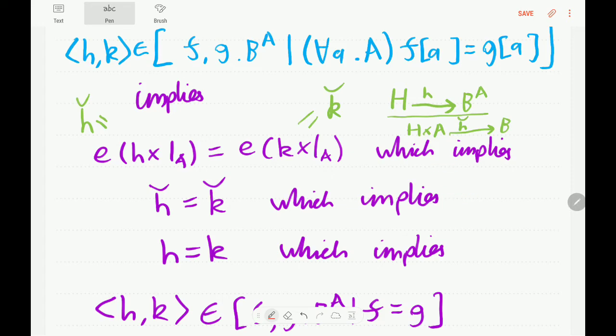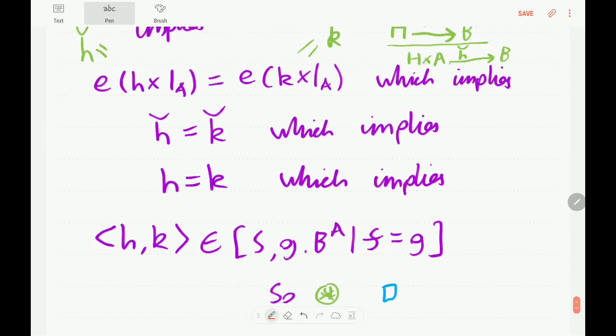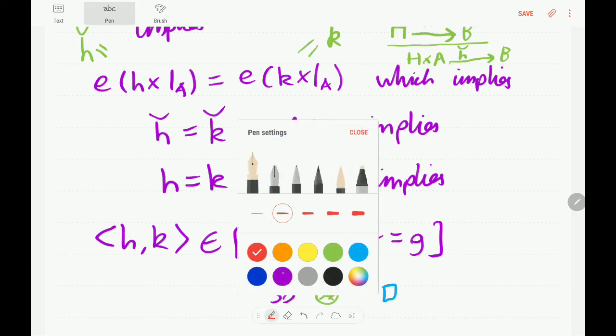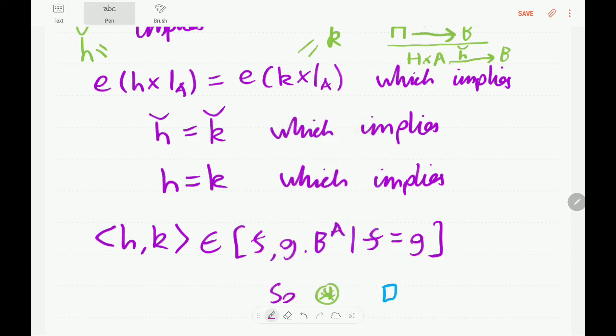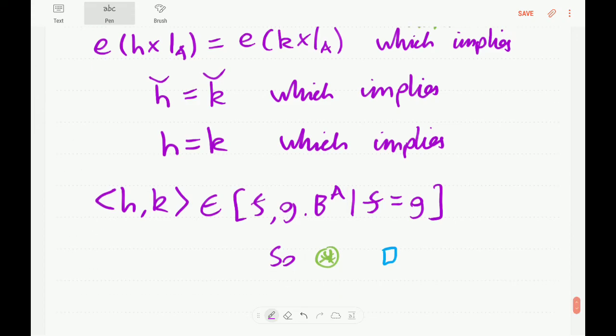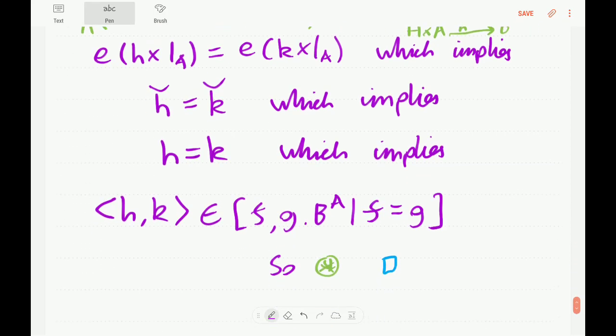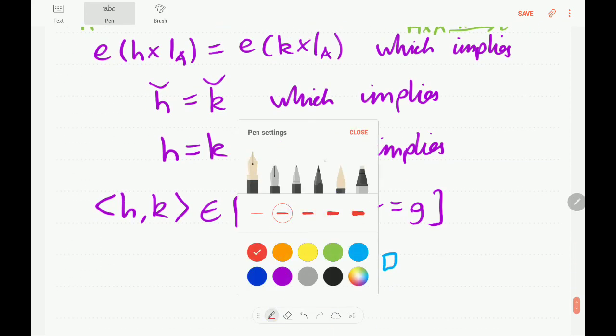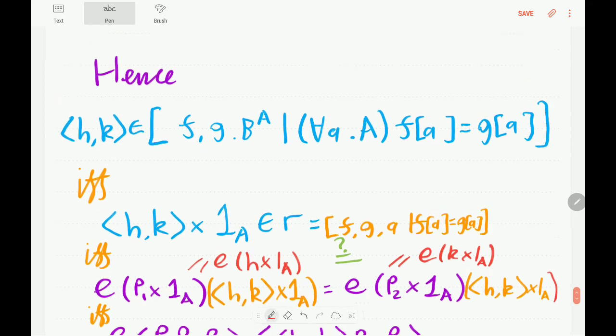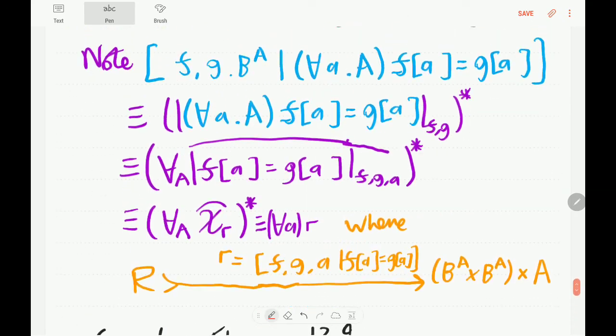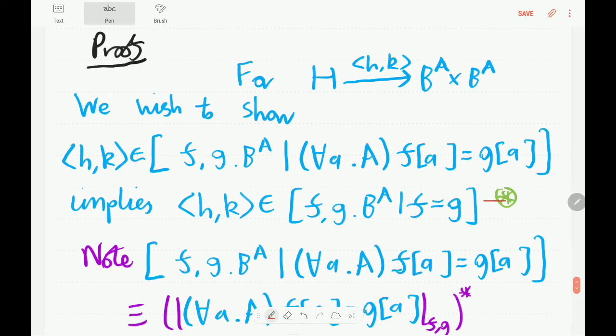The point is that we have h antitranspose equals k antitranspose, which implies that h equals k, which implies that h comma k belongs to the extension of f equals g over f and g, and that's it, because we've shown star, which is what we wanted to show.